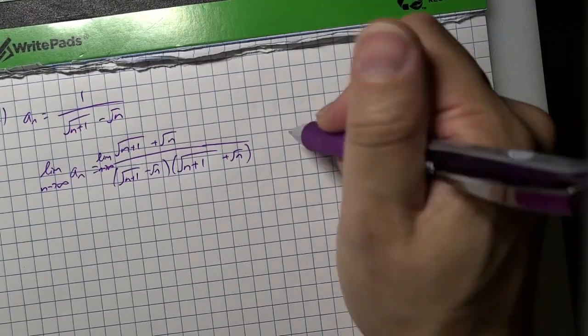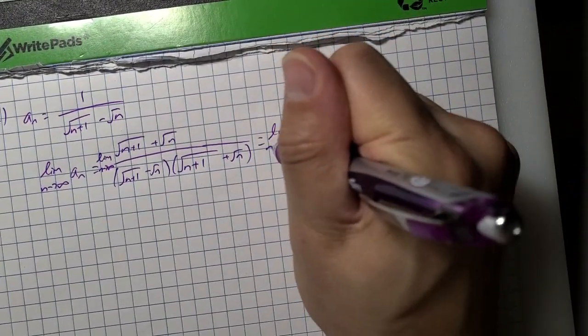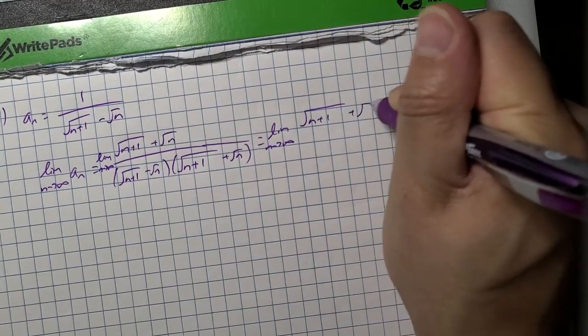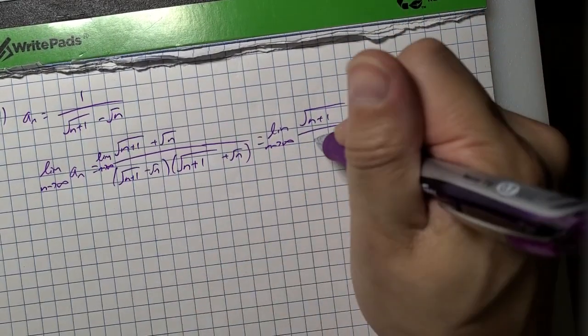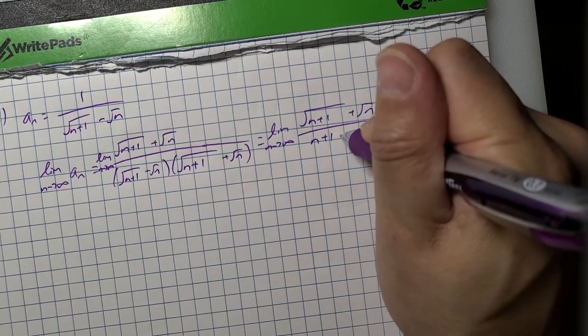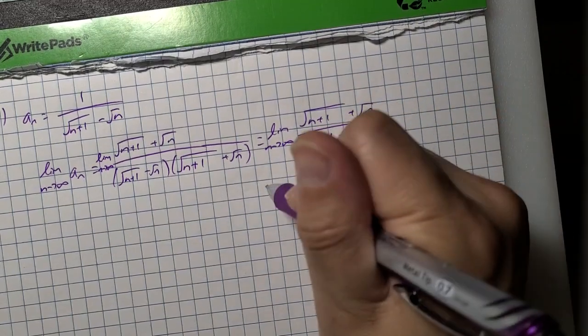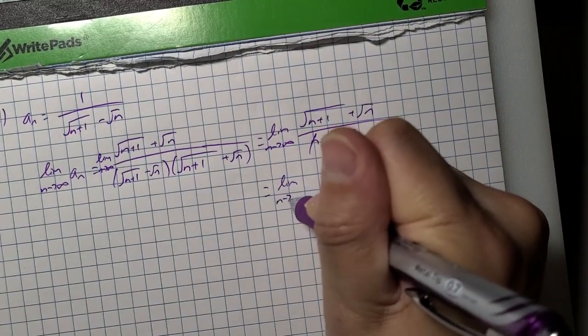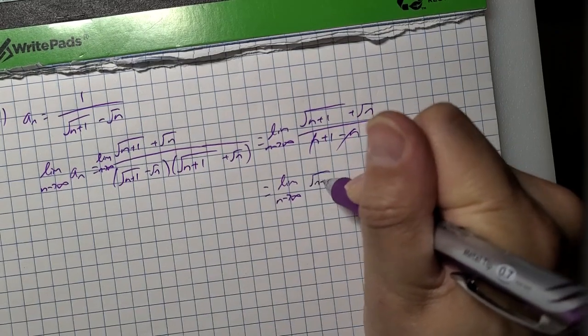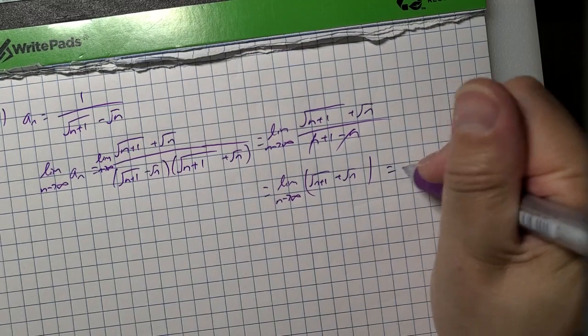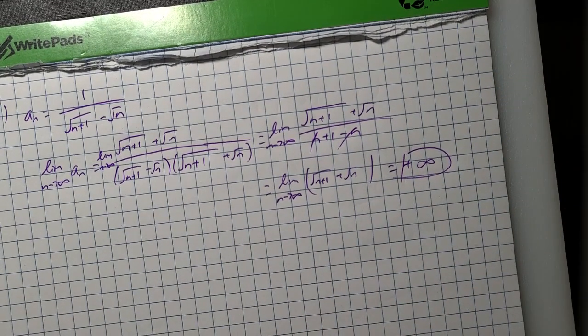This is the limit as n goes to infinity of the square root of n plus 1 plus the square root of n, over the bottom, which if we FOIL that, will be n plus 1 minus n. So these would cancel. We get the limit as n goes to infinity of the square root of n plus 1 plus the square root of n. This now is infinity plus infinity, so it diverges to positive infinity.